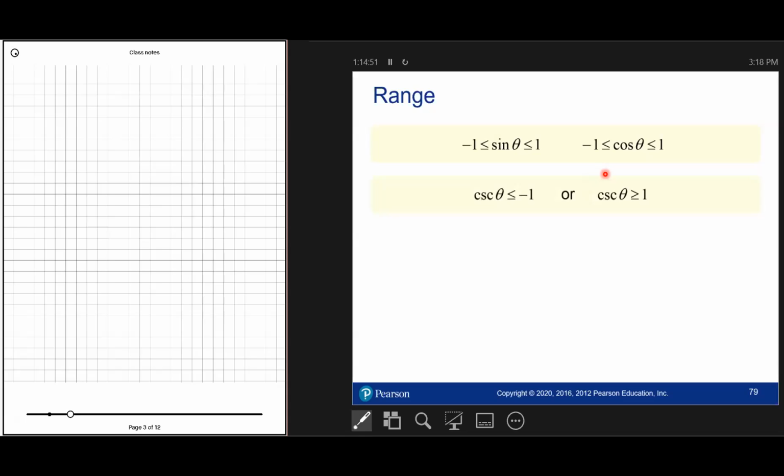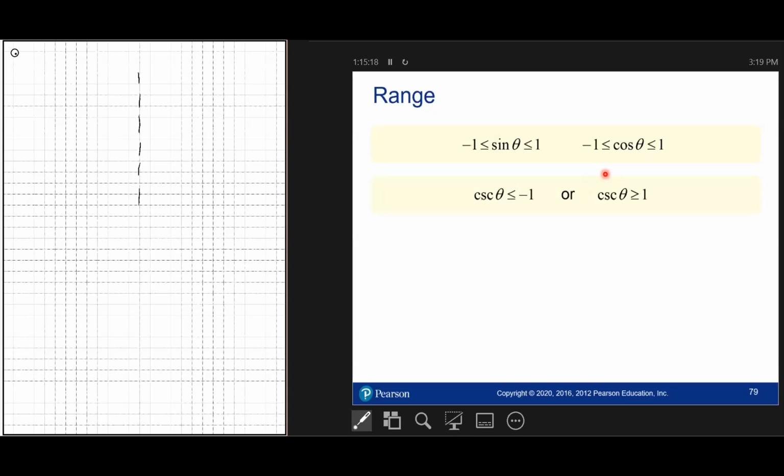With cosecant, you end up getting numbers that are less than or equal to -1, or numbers that are greater than or equal to +1. With cosecant, your graph really looks different.